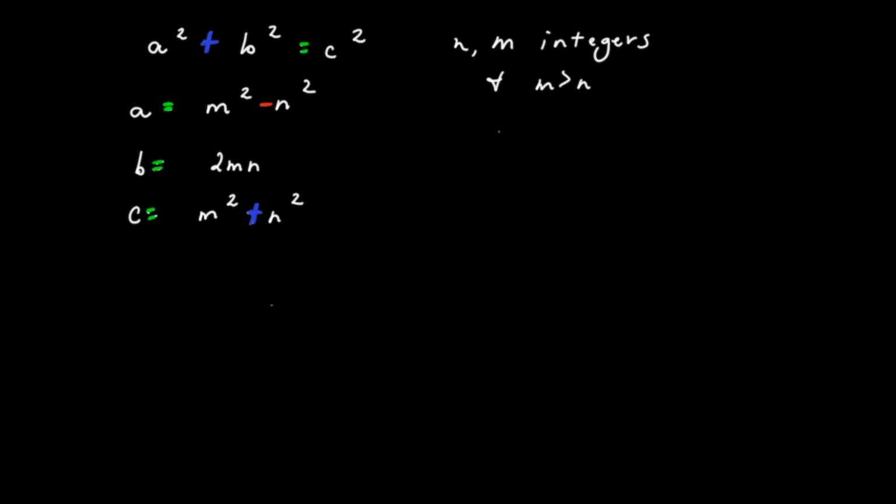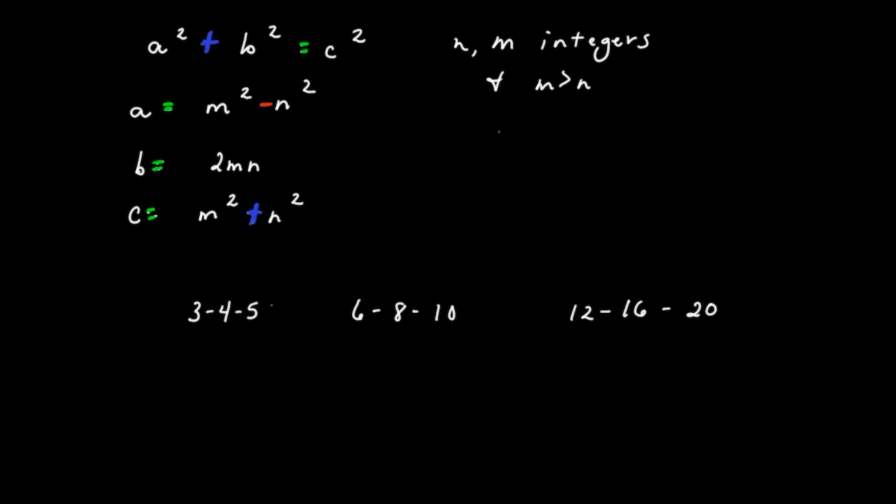I actually plugged this into Excel and came up with a variety of different Pythagorean triples. Now, probably the most common one you'll see is 3, 4, 5. But you can multiply all of those by 2 and get 6, 8, 10. And you can also get 12, 16, and 20.